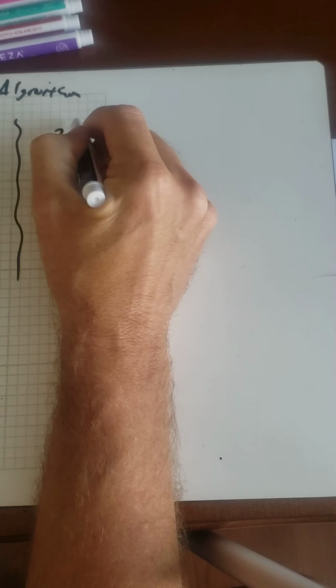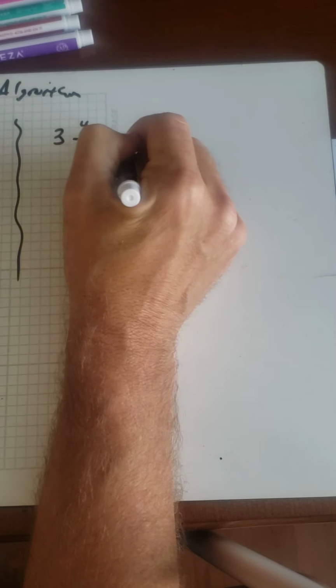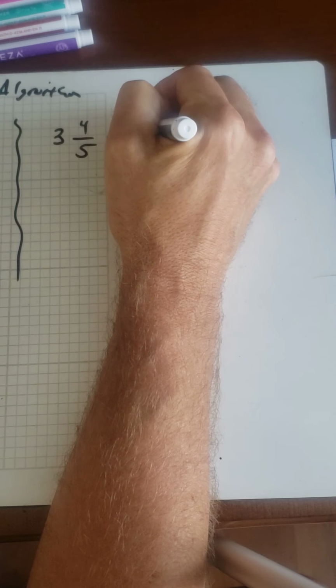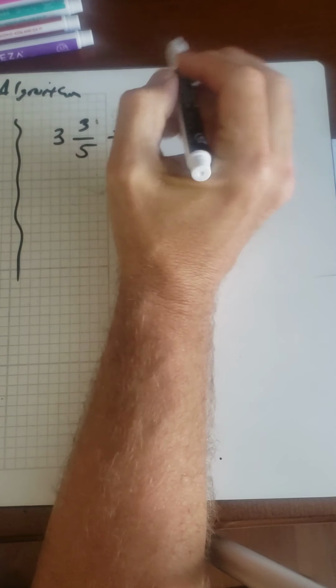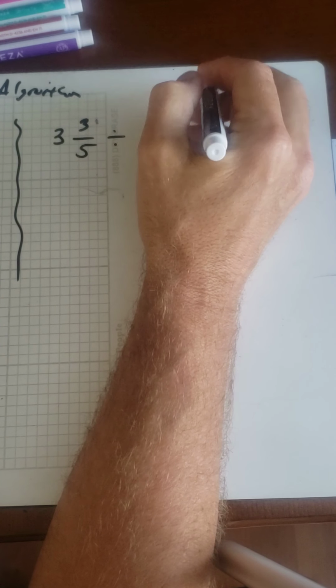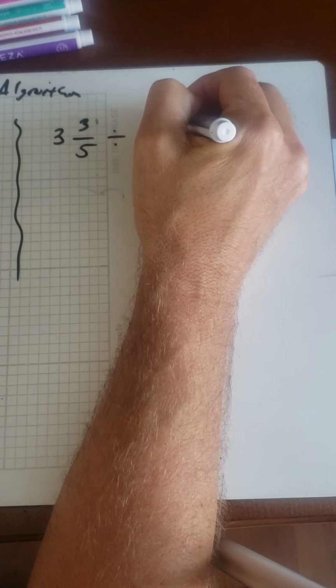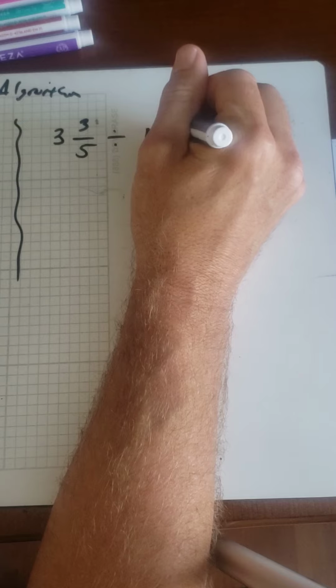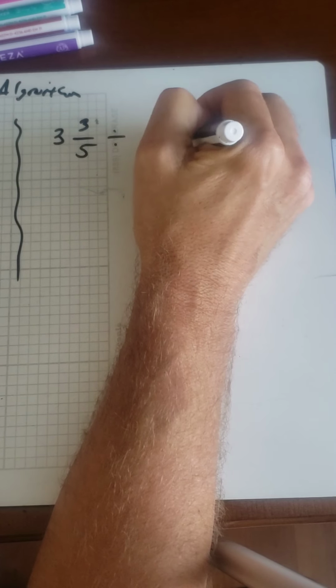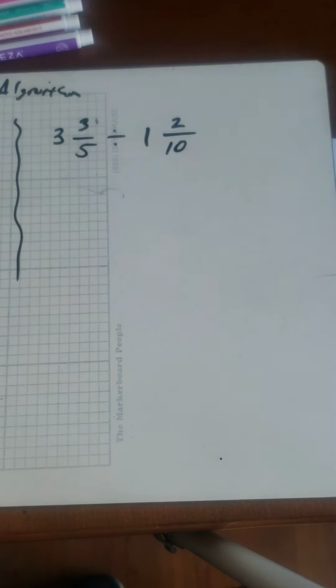Okay, so what if they look like this? 3 3/5 divided by 1 2/10.